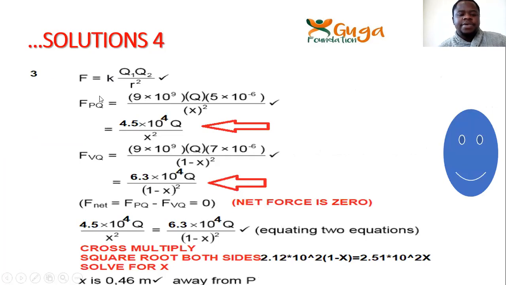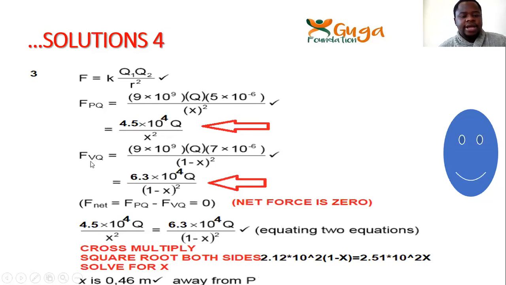The force from P on Q, F of PQ, right? And then the r, the distance there, is x squared. So now you multiply this and this, you get 4.5 multiplied by 10 to the power 4 Q, right, over x squared.